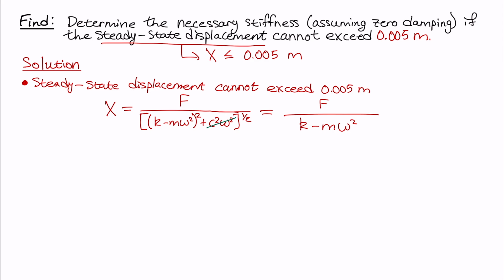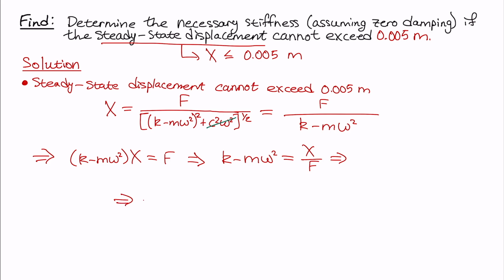From here, we need to solve for K. K minus M omega squared is equal to big X over big F. We're going to find that K must be equal to big X over F plus M omega squared.